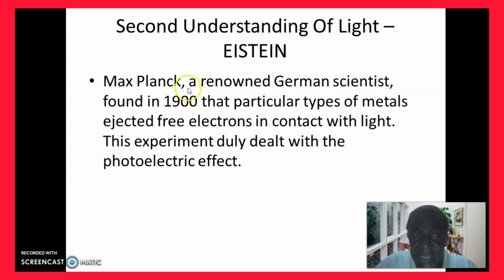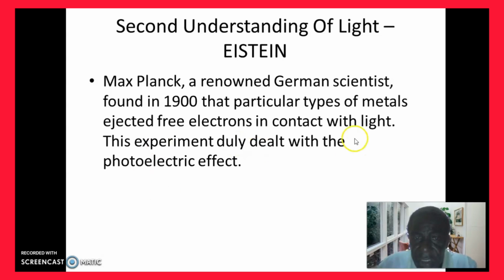A renowned German scientist found that a particular type of metal ejected free electrons in contact with light. This experiment dealt with the photoelectric effect of light. So they now started thinking of light as probably electrons. That is where the word photon came about.